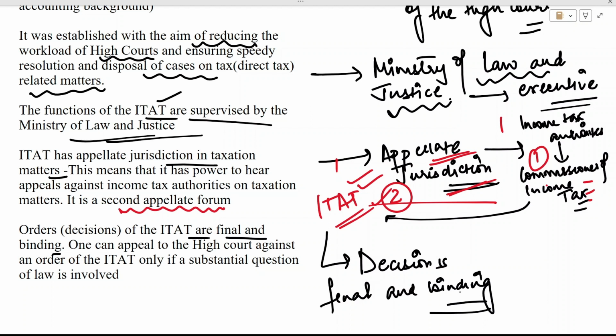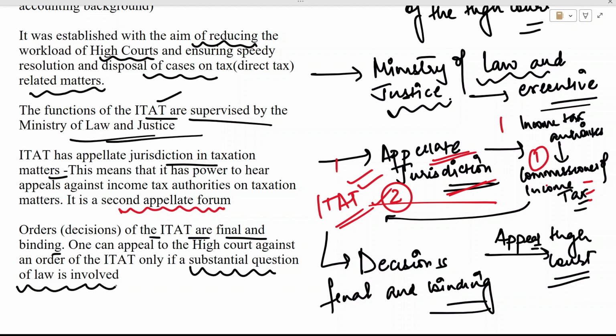Okay, but if I want to appeal from the ITAT, then I can go to the High Court. But remember that this appeal from the ITAT to High Court can only happen if there is a substantial question of law that is involved.